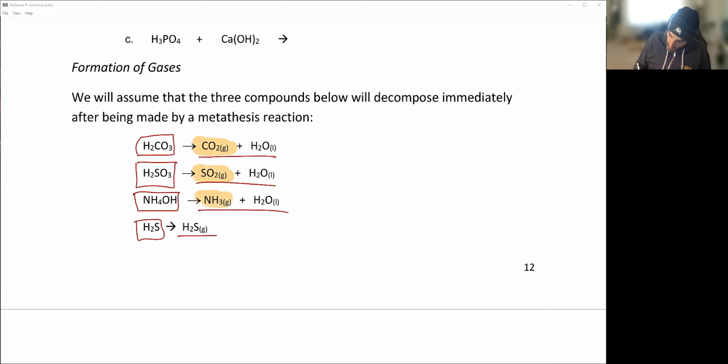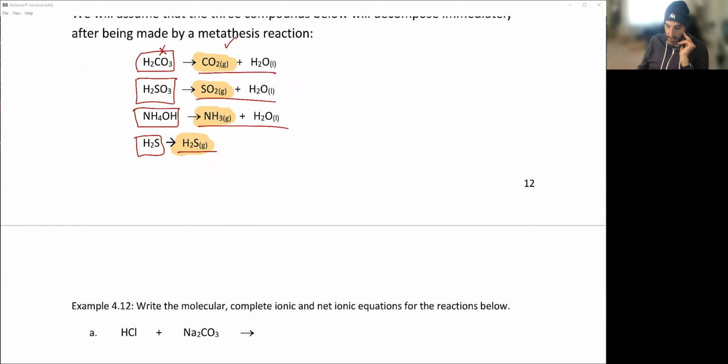You could form SO3, you can form ammonia, or you could form H2S. If you end up with any of those as products, they immediately form gas and leave behind water. The gas just disappears and bubbles up. So just be aware that when you end up with those in a metathesis reaction, you have to take one extra step and switch this thing. You basically substitute out this right here for that. So you take one and replace it with the other.